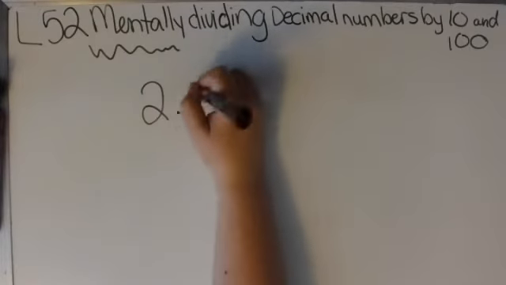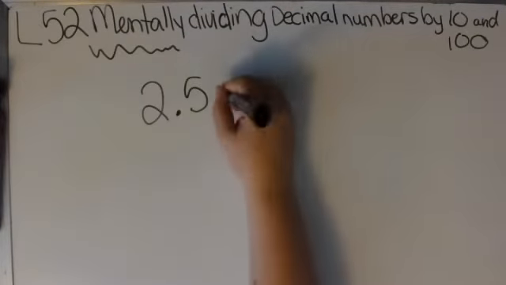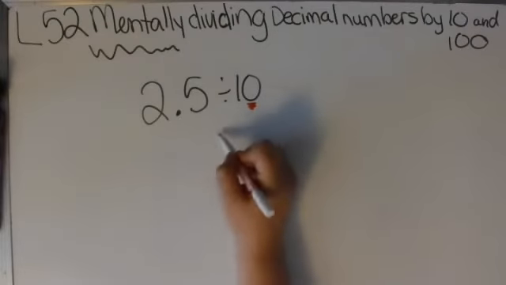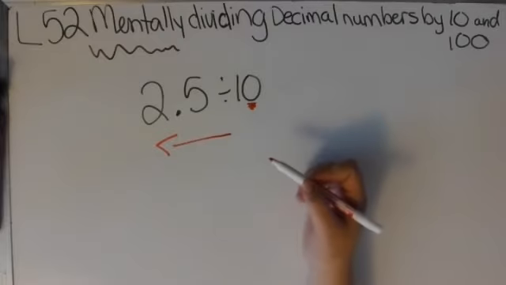Well, if I have 2 and 5/10, and I'm dividing 2 and 5/10 by 10. Remember, when we divide or multiply by 10, 100, 1,000, however it is, you are just moving the decimal place however many zeros you have. If you divide, you move the number to the left because you are making the number smaller.